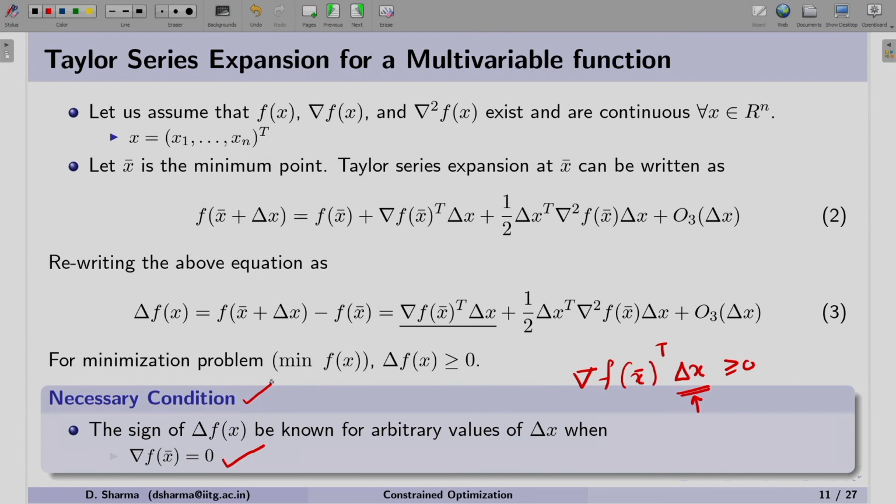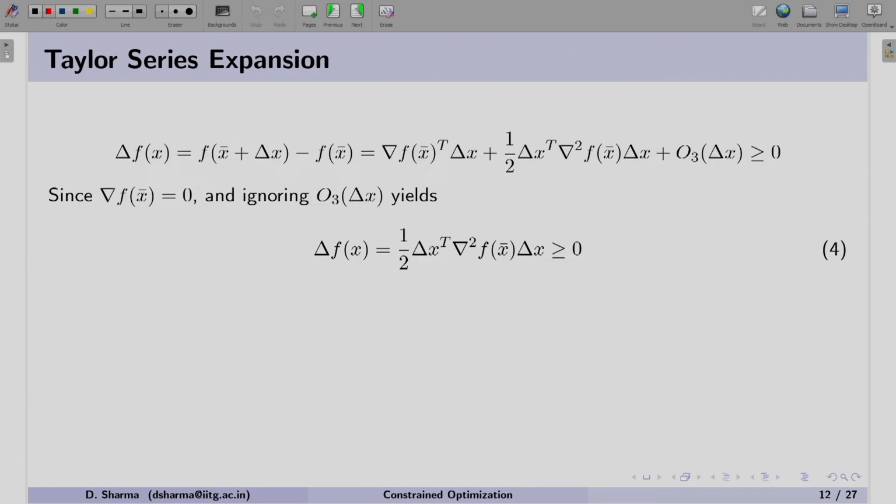So let us go further, and we have to find the other conditions. Here we have written this expression as delta of f of x, which is f of x bar plus delta x minus the function value at x bar. The difference is the right hand side which we found in the previous slide, and everything should be greater than 0.